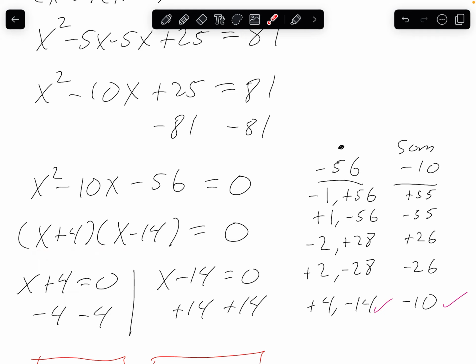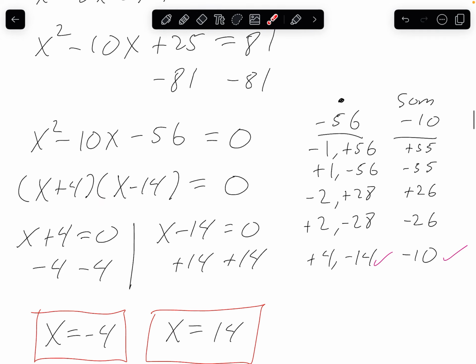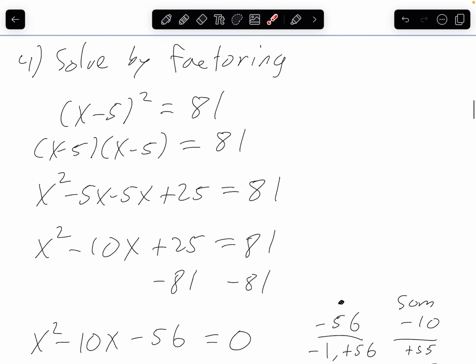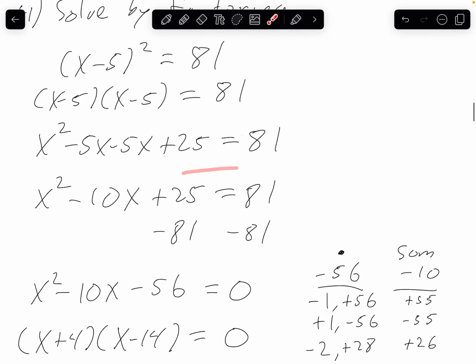And then the zero product rule means that we can solve x plus 4 equals 0 to get x equals negative 4. X minus 14 equals 0 to get x equals positive 14. And this is how we would solve this by factoring. Again, first expansion, setting equal to 0, and then factoring, in this case with the AC method.